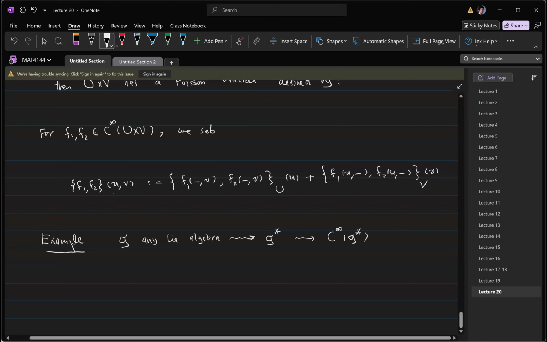There is a natural Poisson bracket associated to the functions on the dual of the Lie algebra. I'll explain what this is, and this allows you to relate the Poisson bracket to a concept in algebra called a Lie bialgebra.